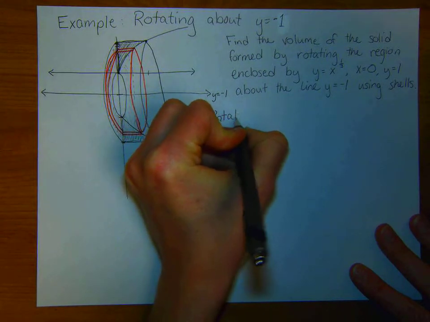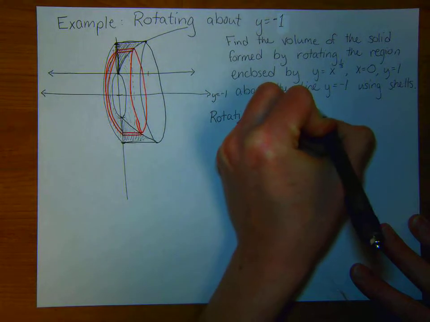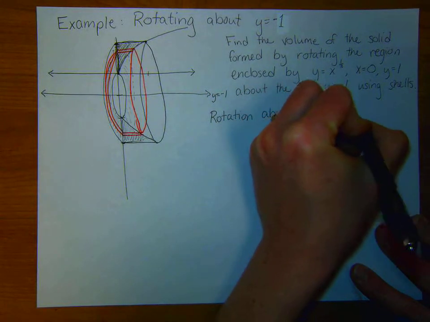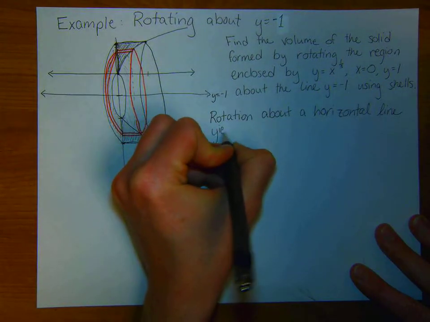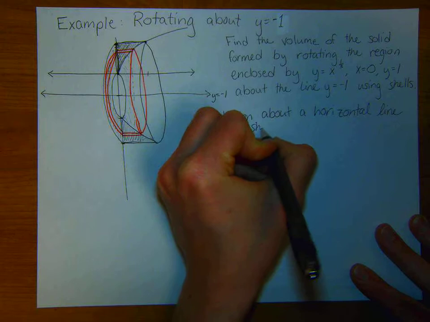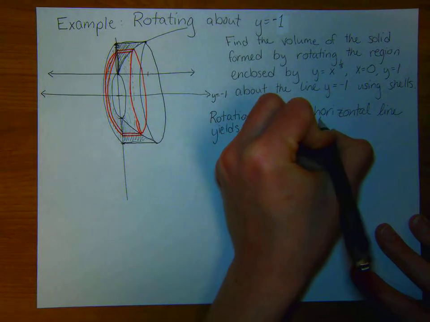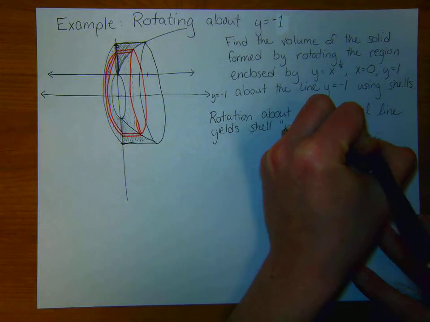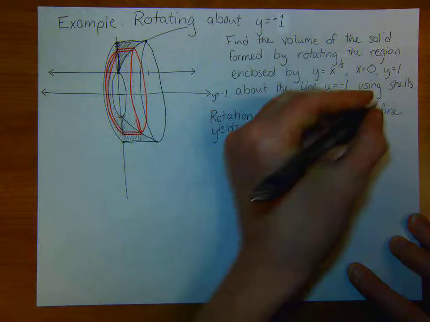Rotation about a horizontal line yields shell widths of delta x. Oh wait, horizontal line, my shell widths are delta y.